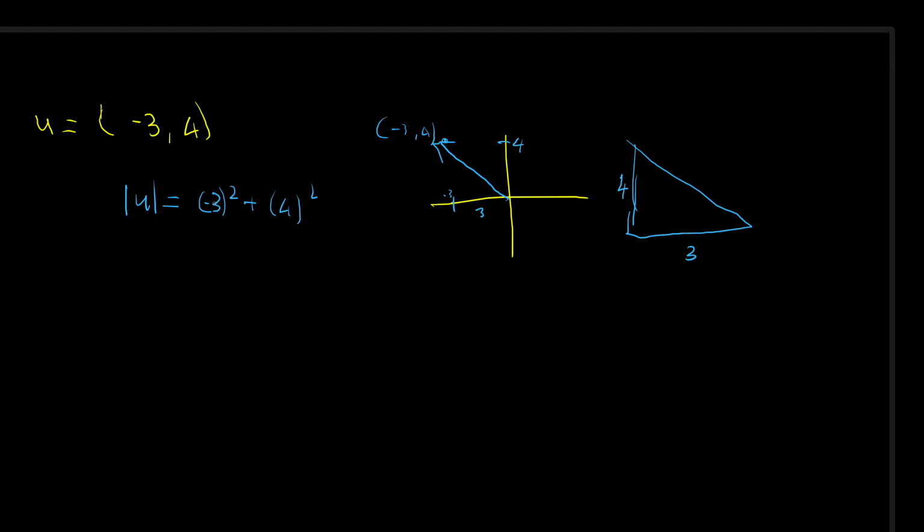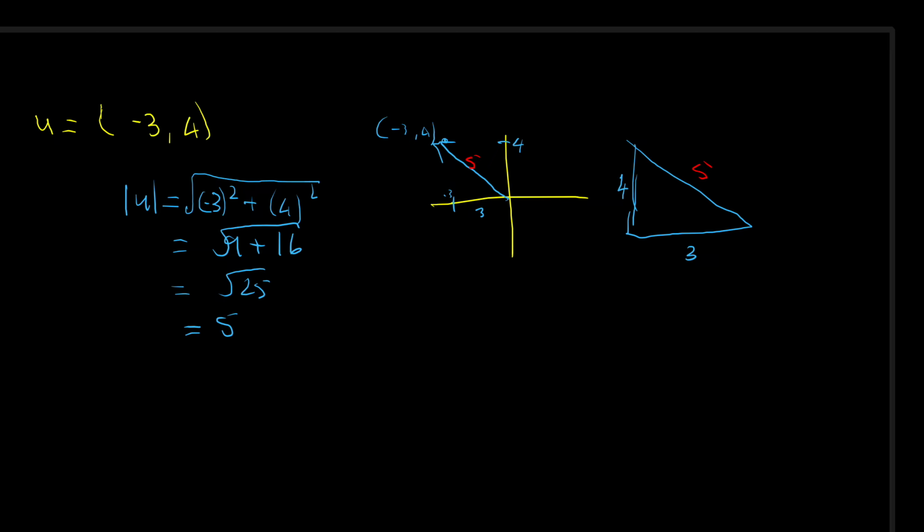You can see the sign doesn't make a difference, because the negative squared is always going to be positive. So this is 9 plus 16, square root, which is the square root of 25. So this would be 5. So we know that this magnitude is going to be 5.